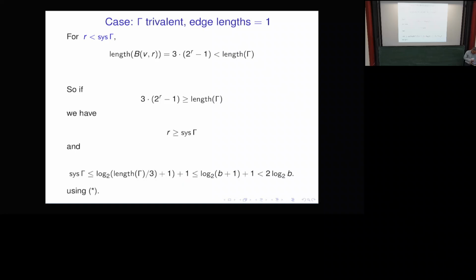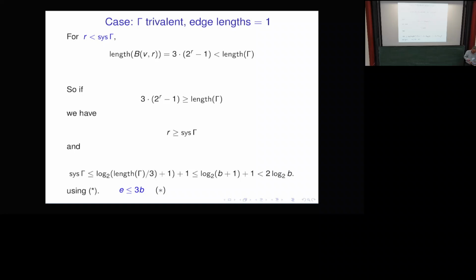Now here I use star, the inequality I proved earlier, to replace this by B, because remember, we had this relationship, E is less than or equal to 3B. So in this case I got that the systole is less than 2 times the logarithm of B. Again, the idea was: if the systole is big, I get a lot of length, exponential length, because I have this tree that branches and gives me exponential length. So the systole is logarithmic in the length. Okay, that's all.